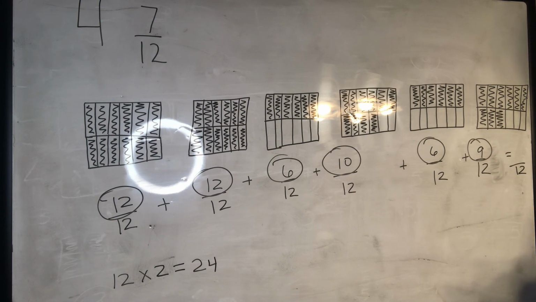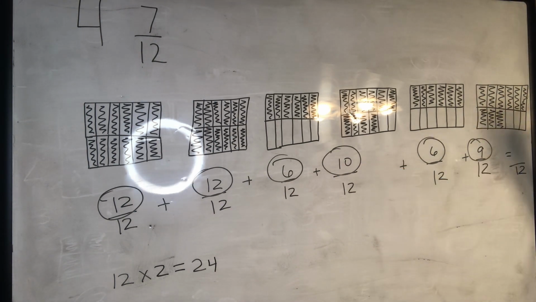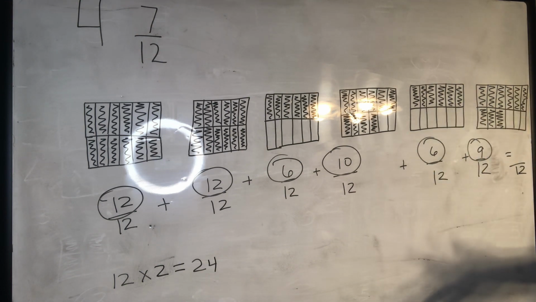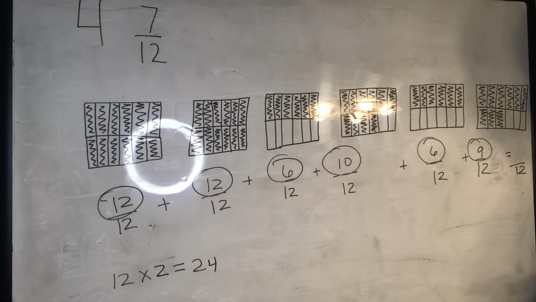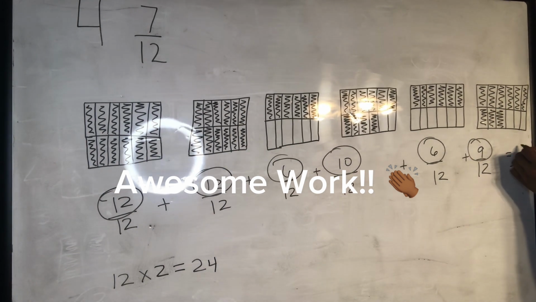We just need to count up 9 times. So we have 46. Let's count. 47, 48, 49, 50, 51, 52, 53, 54, 55. 55. That's what we got.